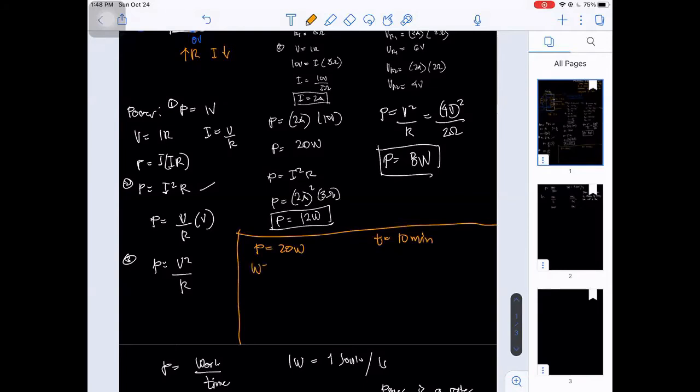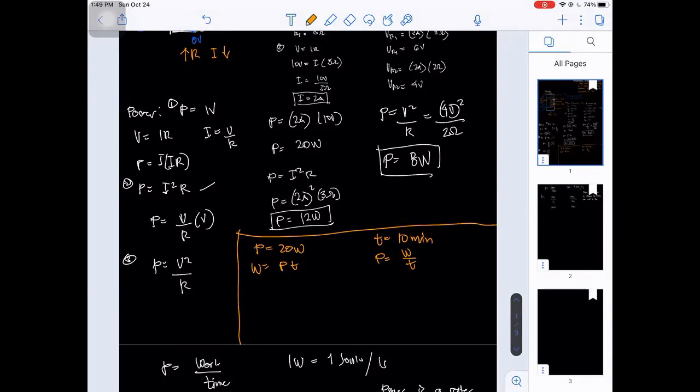Work is equivalent to P times time, from the formula power is equivalent to work over time. Since we are talking about running the system for 10 minutes, we first convert the time into seconds and multiply it with how much power is drawn from the battery by the circuit.